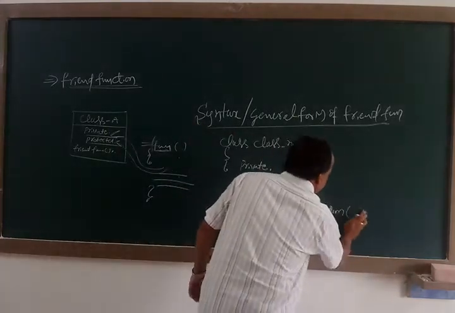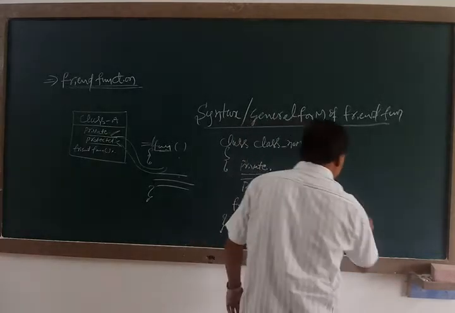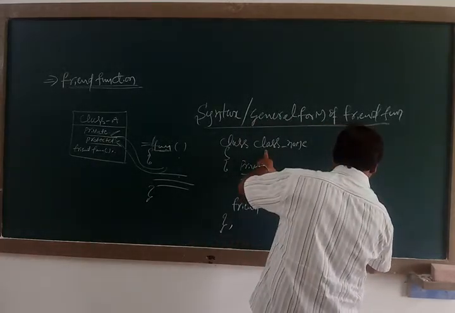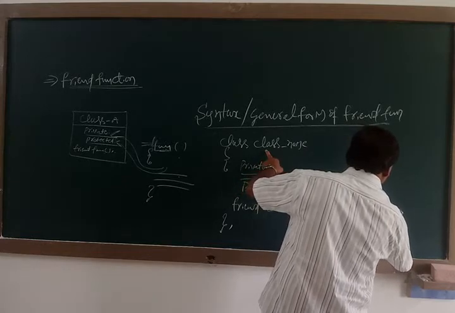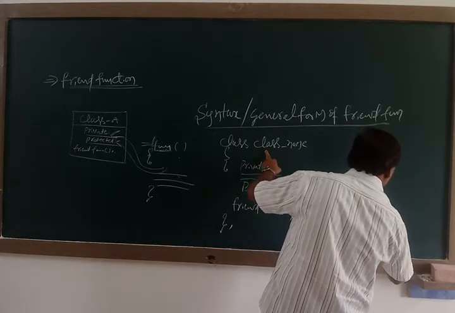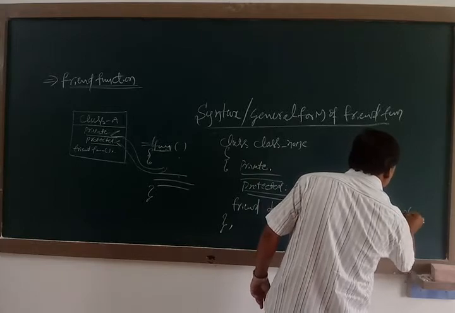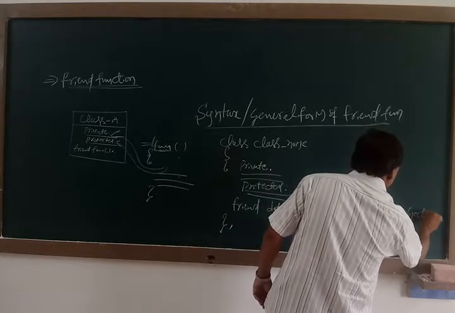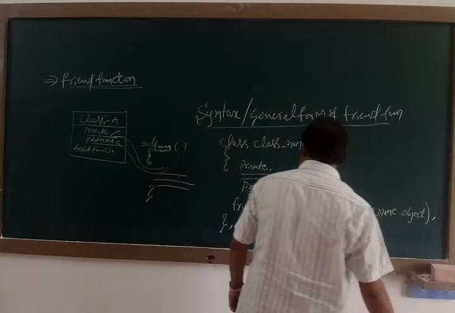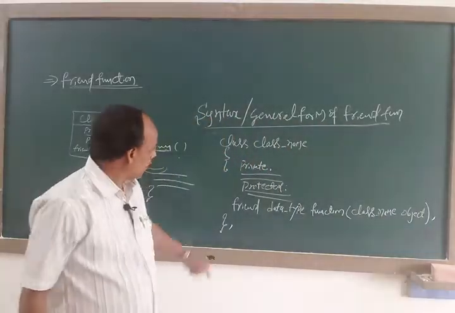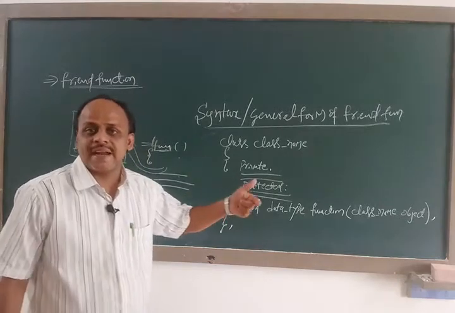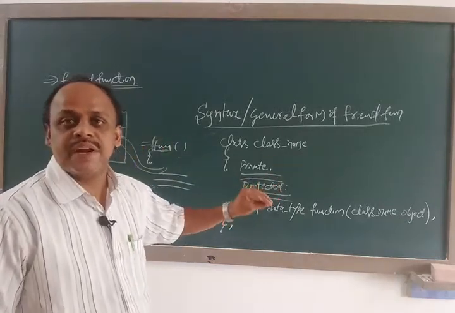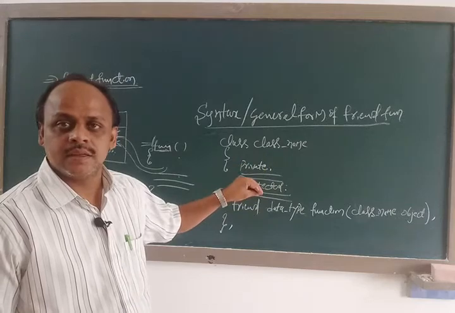Here, in the function we have to write class name, space, object. So this is the syntax or general format to use friend function in the class.